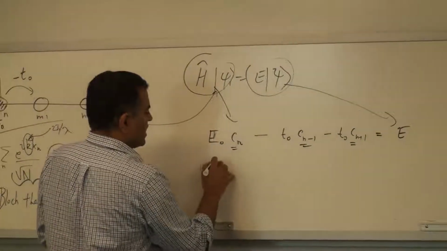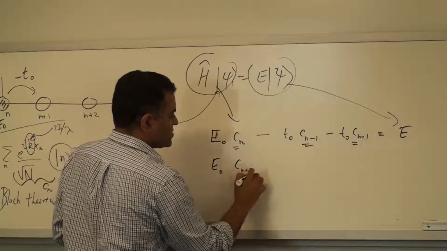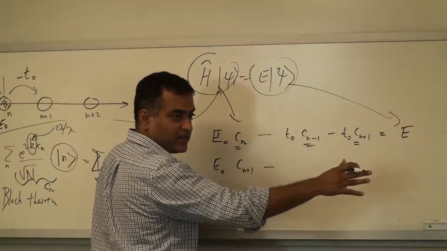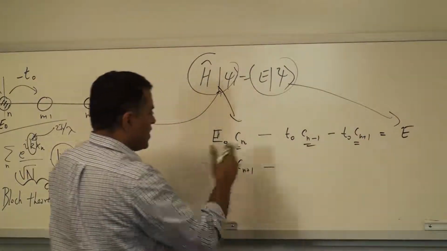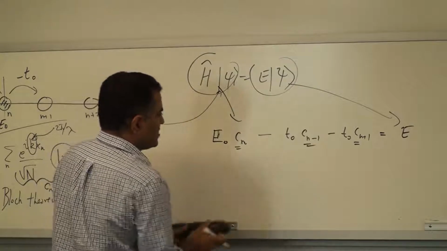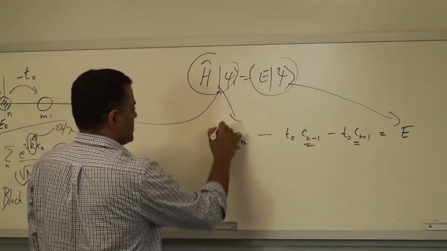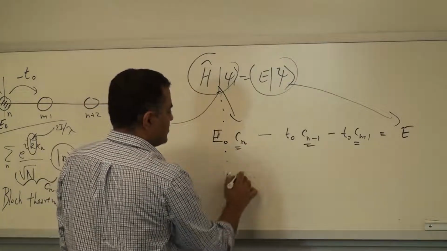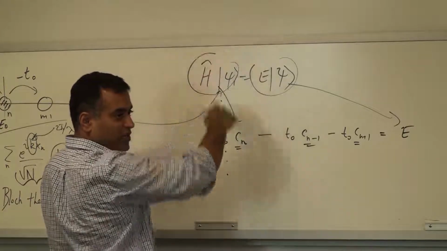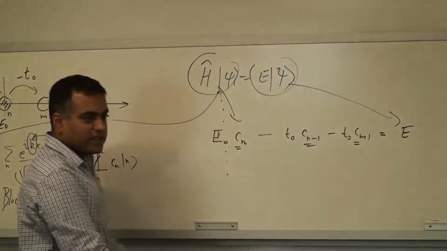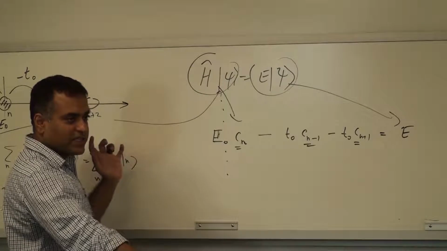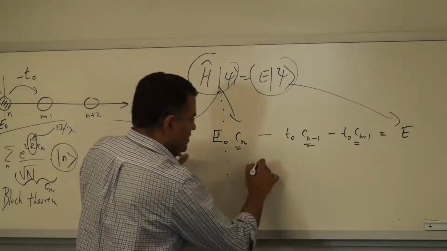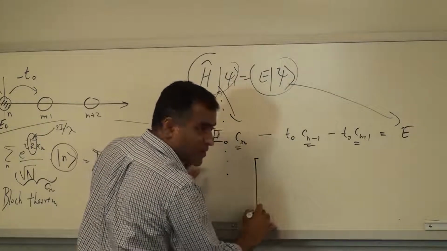Now, again, you will get the same thing for Cn plus 1 and so on, right? And the way we solve it in traditional single particle quantum mechanics is we have this set of equations. You write it for n plus 1, n plus 2, n minus 1, and all that. So you get this whole series of linear coupled equations, right? And the way you solve it is you put it into a matrix form.